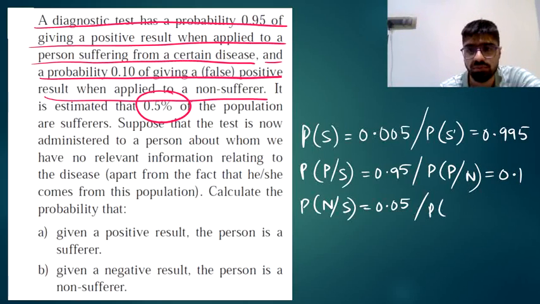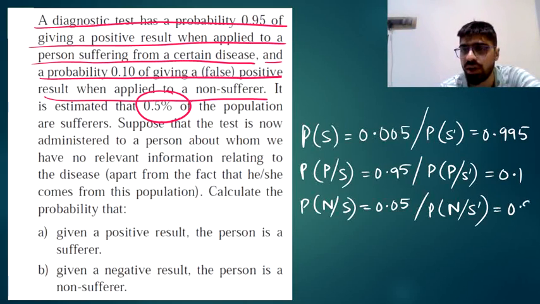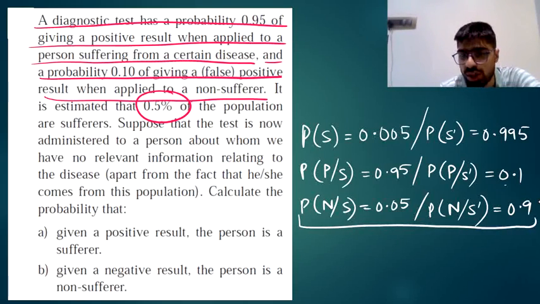Here N means negative and S complement means not suffering. So P of positive given S complement is 0.1, and P of negative given S complement is 0.9. This is the entire information we have taken from the question.